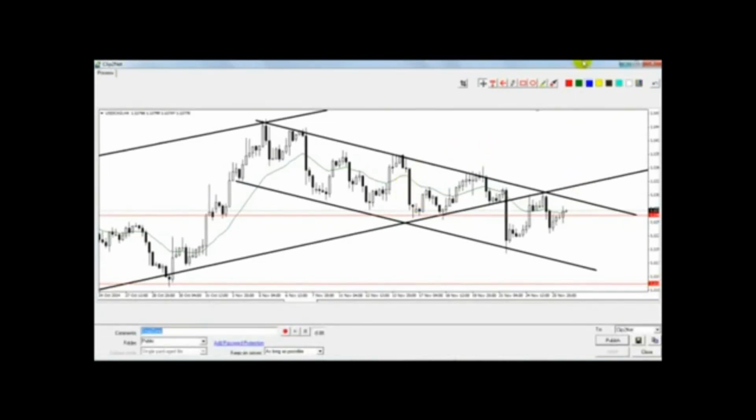Leave it and you get this window. Now you can design it. I'll mark some points here, highlight some areas, put some arrows with different colors.